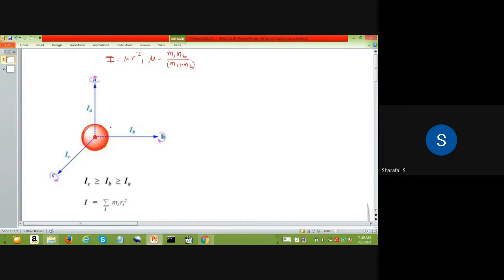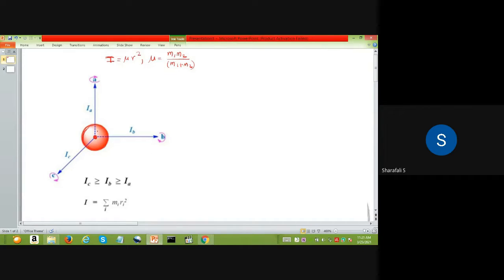And if you draw three axes along this center of mass, as you can see from this figure, these axes are A, B, and C axes. Then we have different moments of inertia: IA, which is the moment of inertia about axis A, IB, the moment of inertia about axis B, and IC, the moment of inertia about axis C.